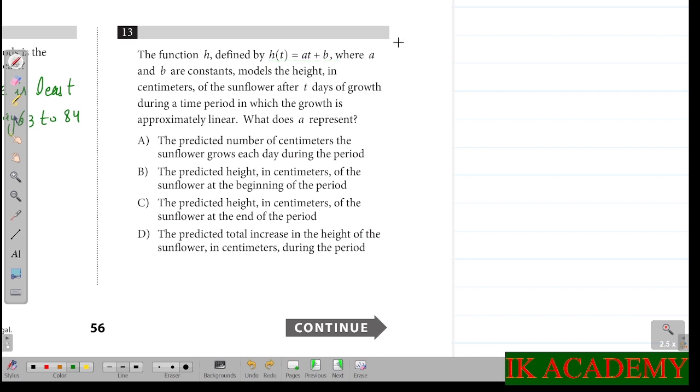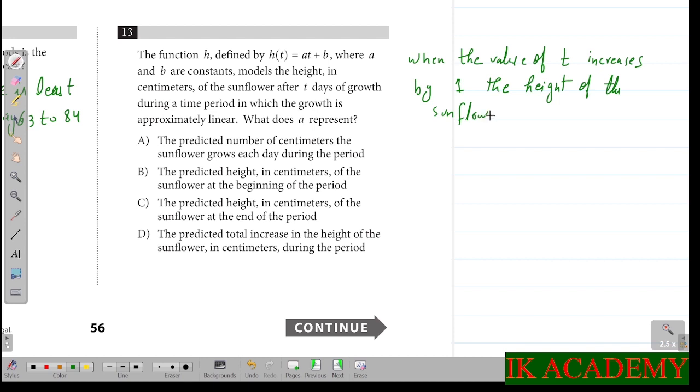When the value of t, which is time, increases by 1, the height of the sunflower increases by a centimeters.